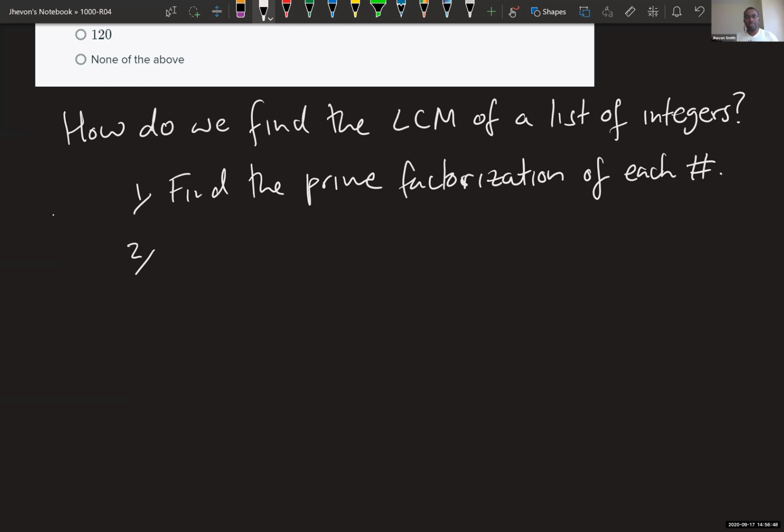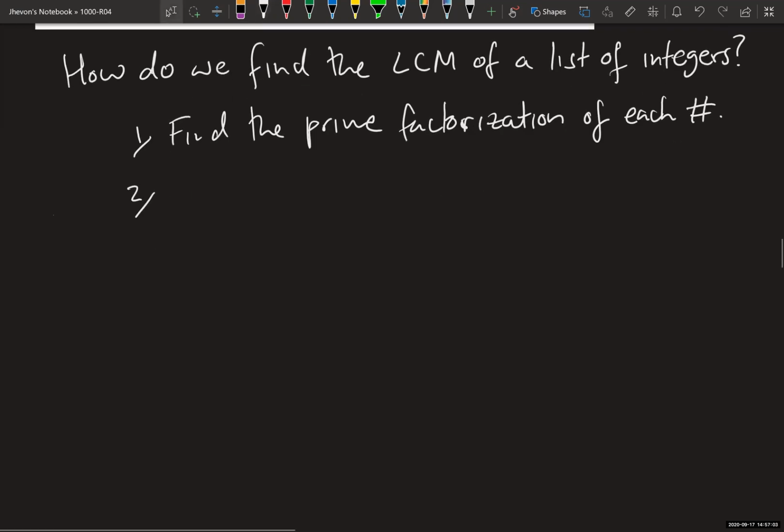Anyone? I think you just take the highest. Well, if it's like 3 and one of them has 3 squared, you would take 3 squared. I don't know how to explain it in words, but that's what I did.